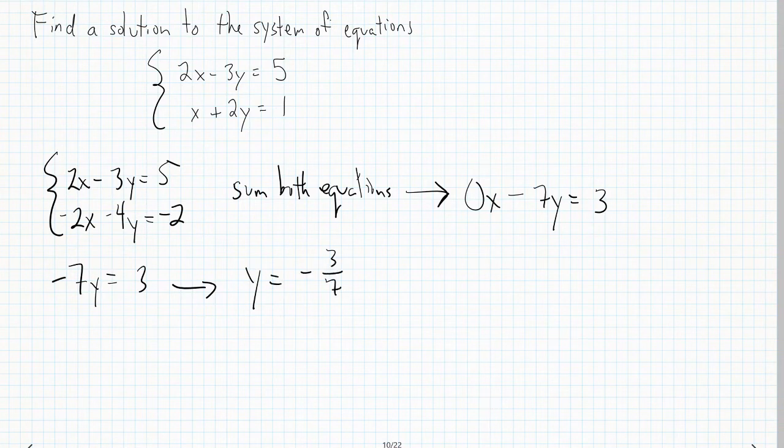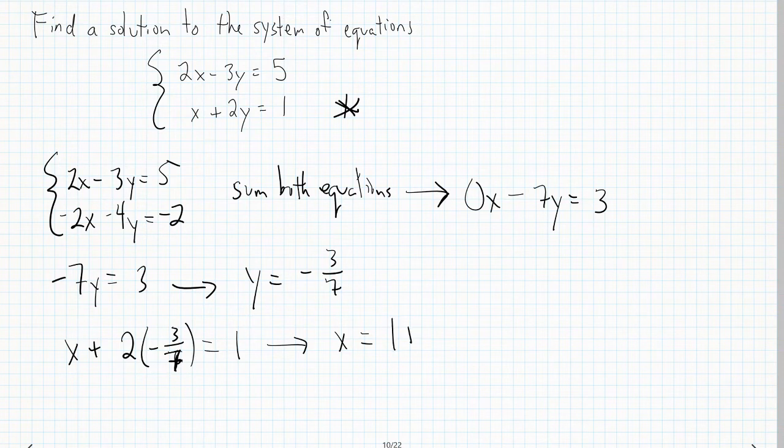So now you can pick the equation you want to plug that into. Well, I'd say the second one would probably be best, because you have just x times 1. So notice we get x plus 2 times the negative 3/7. Oops, that's a 7. Equals 1. So notice that means x equals, we can add the negative 6/7 over there.